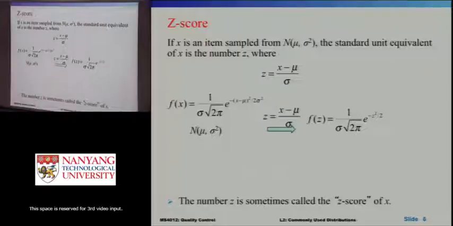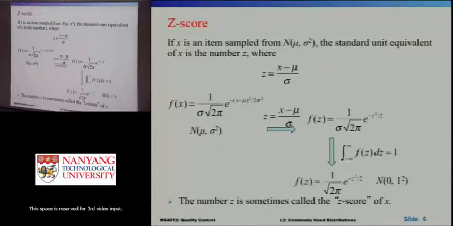For any probability density function, we have one constraint: the total area under this curve must equal 1, right? If we apply this constraint, we get that sigma can only equal 1. So we put this in here, and we know sigma can only equal 1 if we do this conversion. So this distribution reduces to this form.